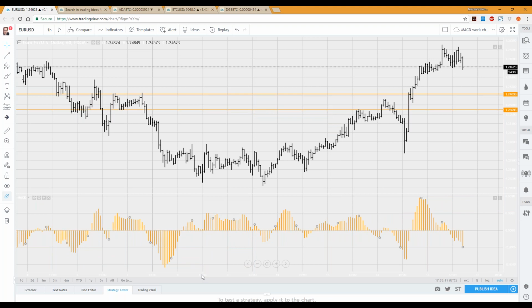A histogram is a bar chart. And what is it? It is a bar chart showing you the difference between the MACD line and the signal line. So we know that every time the MACD line and the signal line cross each other, it's always at that same zero line that we started with a while back.